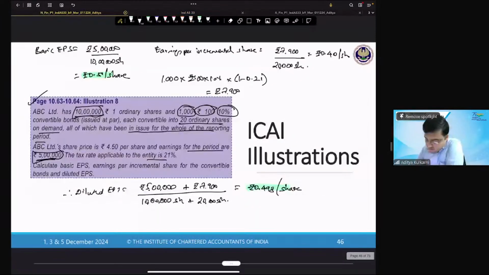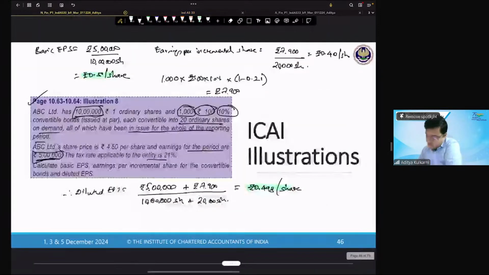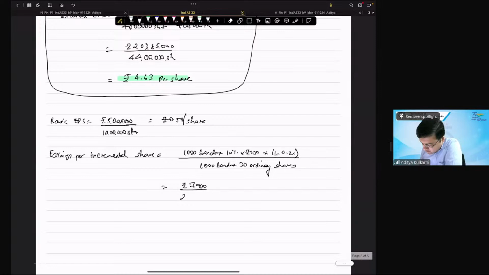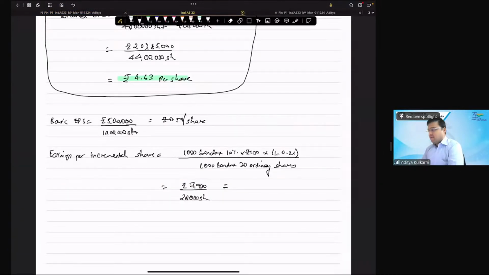So 1,000 bonds into 20 ordinary shares, so divided by 20,000 shares. What are these 20,000 shares? These are the incremental shares that are being issued. Okay. So 7,900 by 20,000 comes to how much?